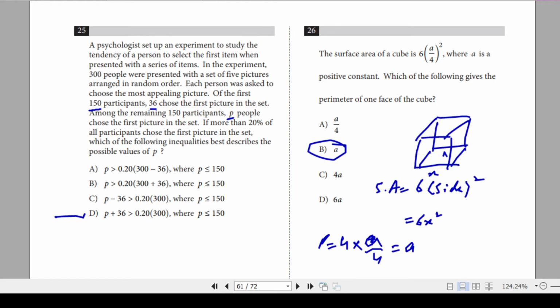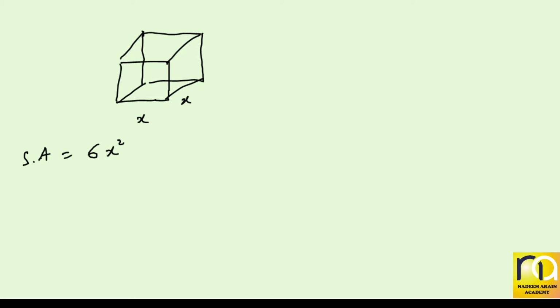Because there are 6 faces, the total surface area is 6x squared. So this x is the side. And in our question, this side is given as A over 4, so I'll replace it by A over 4. So that is 6 times (A over 4) whole squared. So x is A over 4.